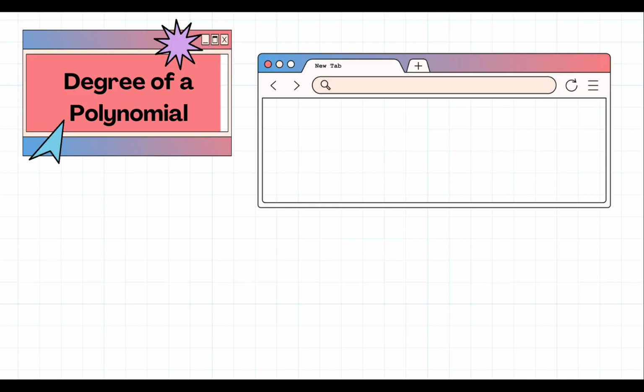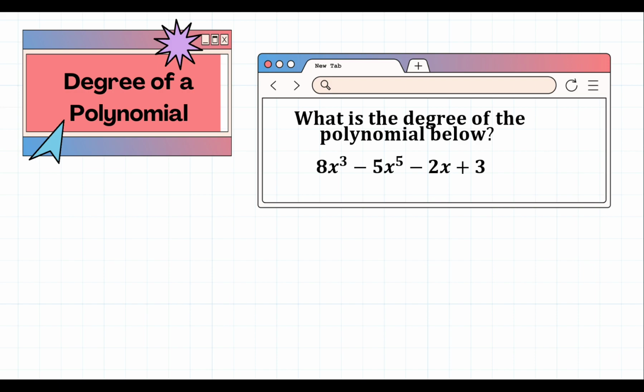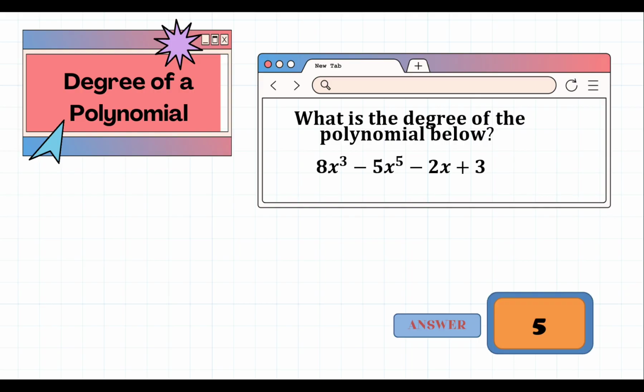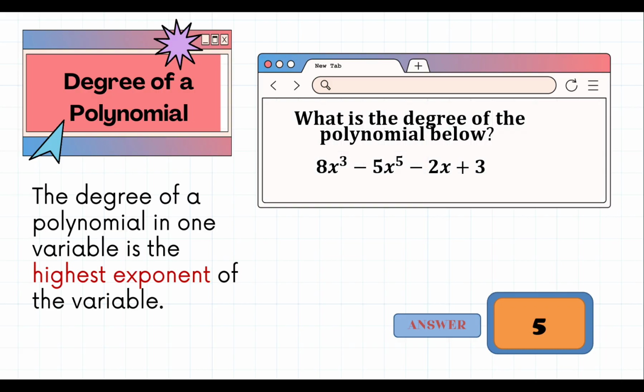Next, for the degree of a polynomial, answer the question: what is the degree of the polynomial below? The polynomial is 8x cubed minus 5x raised to 5 minus 2x plus 3. The answer is 5. Why is the answer 5? Let's check the definition of the degree.